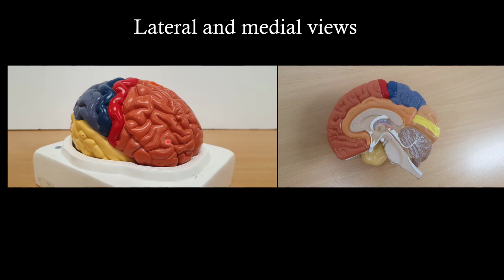Coming back to the lateral view here, the lobes of the brain are divided by sulcuses. So here you can see a lot of infoldings of the cerebral cortex. If you remember the development of the cerebral cortex and have watched the video, you will be able to recall that the cerebral cortex grows as an outgrowth from the rostral end of the neural tube.